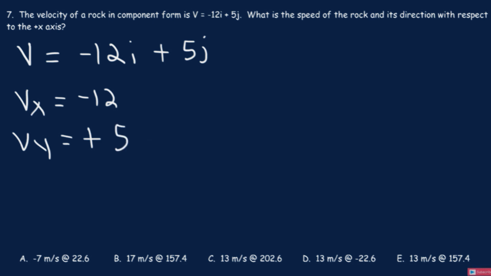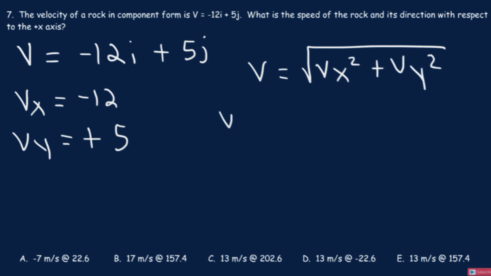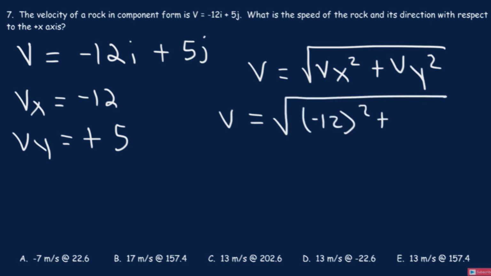Now, if you have Vx and Vy, you can find the magnitude of the velocity, which is equivalent to the speed, using this equation. So V is going to be the square root of negative 12 squared plus 5 squared.